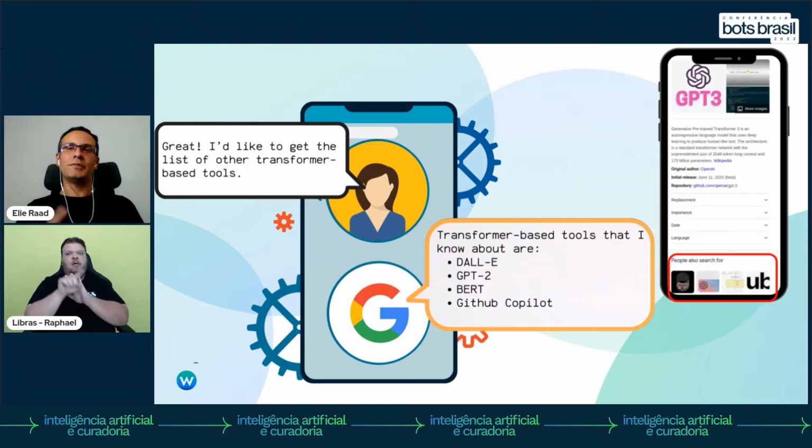Here is another question that could also be about similar transformer-based tools like GPT-3, and Google also has this information in its knowledge graph. Other transformer-based tools similar to GPT-3 are DALL-E 2, GPT-2, BERT, GitHub Copilot.